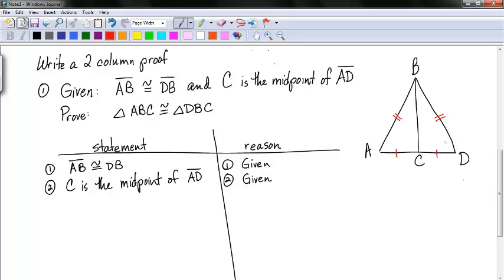There's two things: the definition of midpoint, and the midpoint theorem. It actually goes back to page 129. It's actually the midpoint theorem. So AC, that segment, make sure you have a line above it, is congruent to DC, and that is by the midpoint theorem.